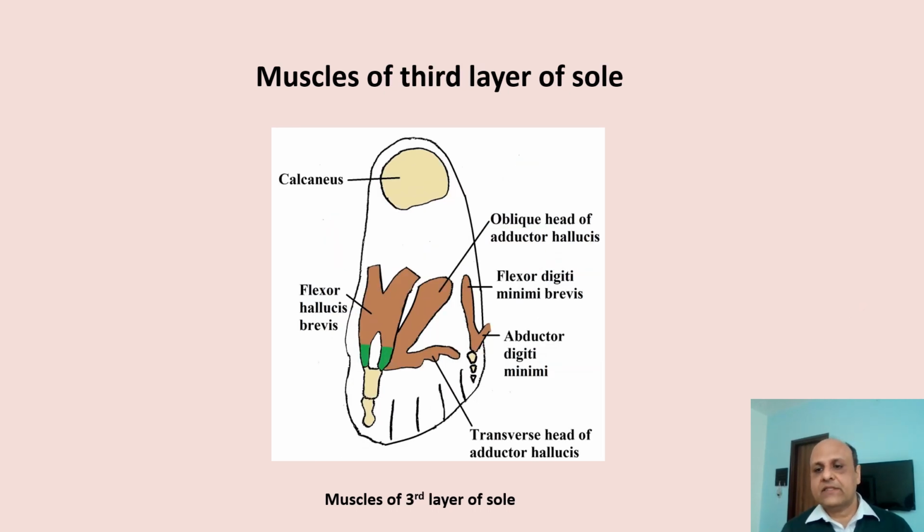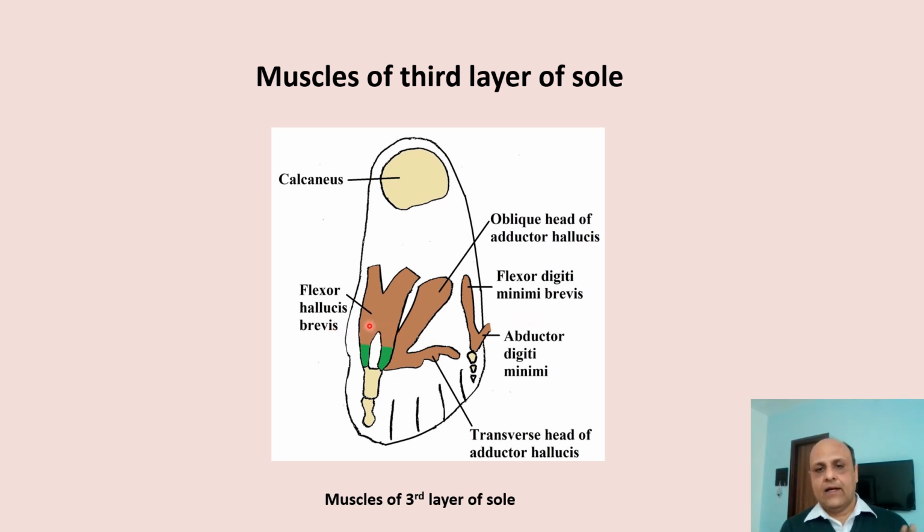Now we come to the muscles of the third layer of sole. So third layer of sole, you can remember, is the layer of small flexors for the thumb and the little finger. So the third layer consists of flexor hallucis brevis muscle, adductor hallucis muscle and flexor digiti minimi brevis muscle. So we have got the 2 flexors for the thumb and the little finger, and they are small, brevis.